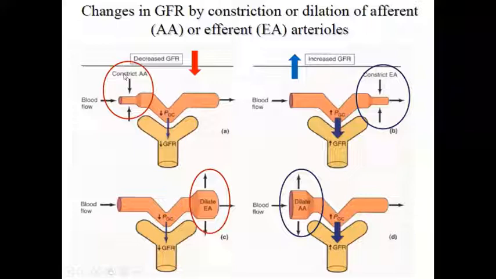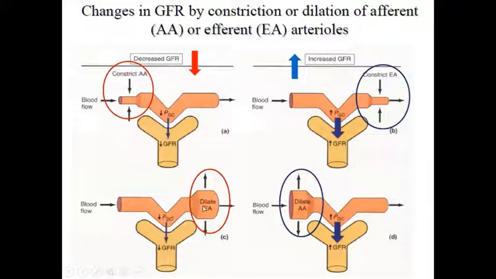So if you have constriction of the afferent arteriole, then the blood flow is going to reduce. When you have reduction in the blood flow, it means that the hydrostatic pressure is going to reduce, and also the glomerular filtration rate is going to reduce. Then if you have dilatation of the efferent arteriole, it means that there will be no accumulation of fluids within the capsule.